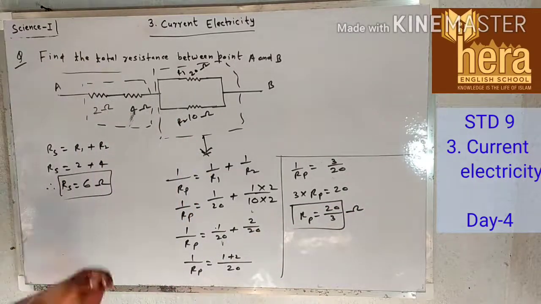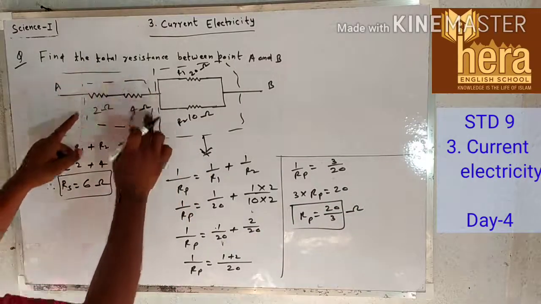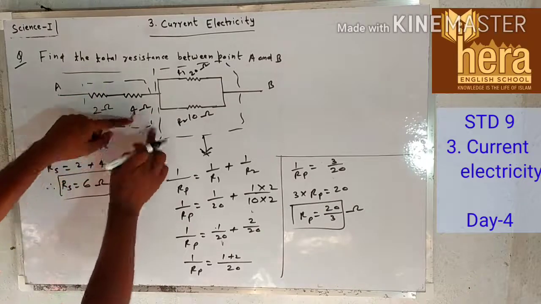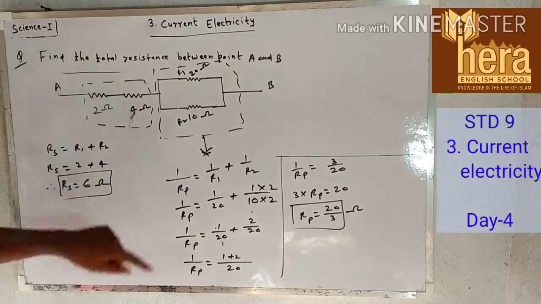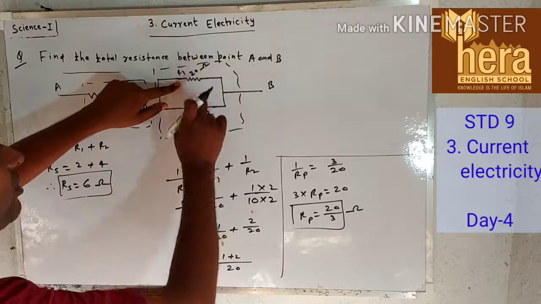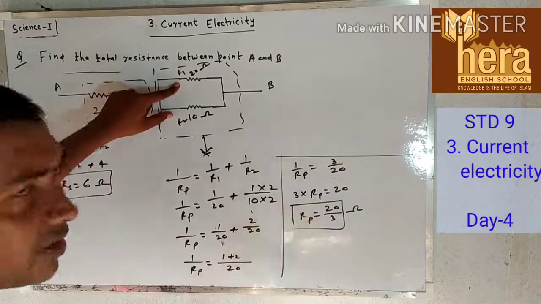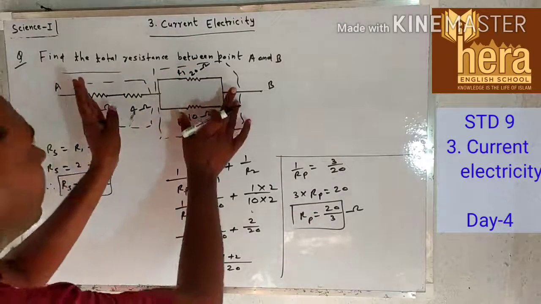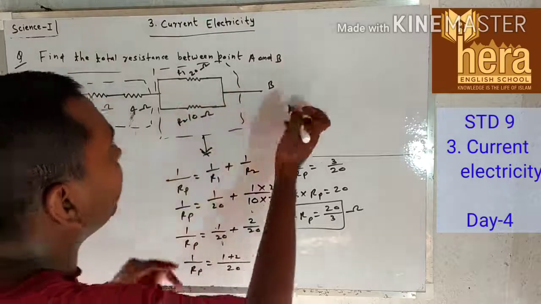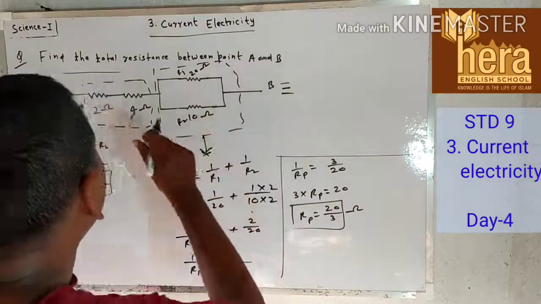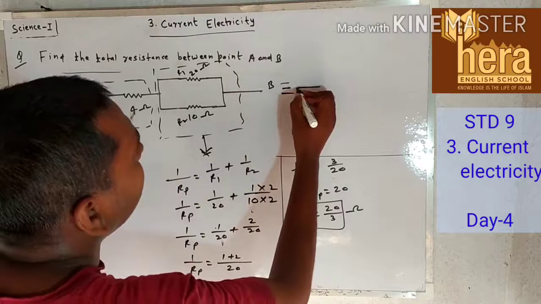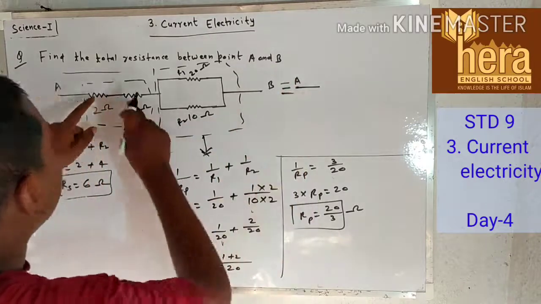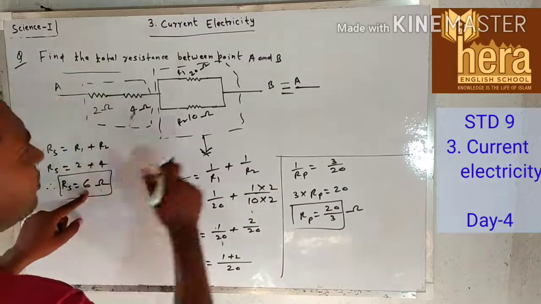Now see, effective resistance of 2 ohm and 4 ohm is equal to how much? 6 ohm. And effective resistance of 20 ohm and 10 ohm is equal to how much? 20 upon 3 ohm. So this figure is equivalent to, there is point A, this is equivalent to 6 ohm.